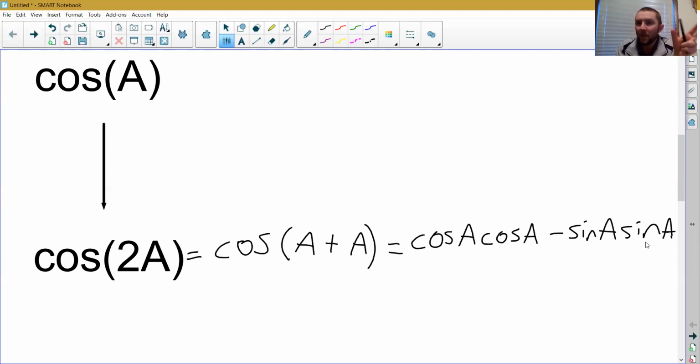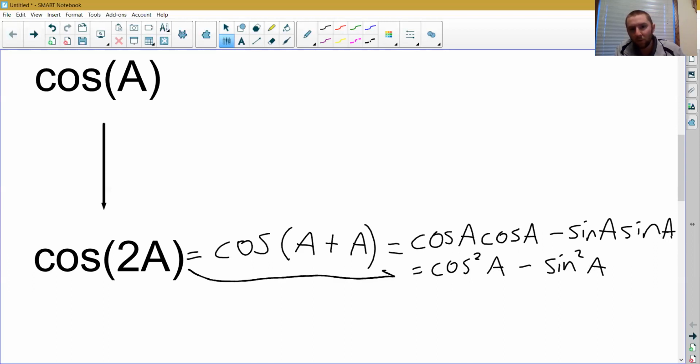They're really the same thing multiplied by itself, right? So I can simplify this to cosine squared A minus sine squared A. And this is the double angle formula for cosine. So cosine of 2a is equal to the cosine squared minus the sine squared.